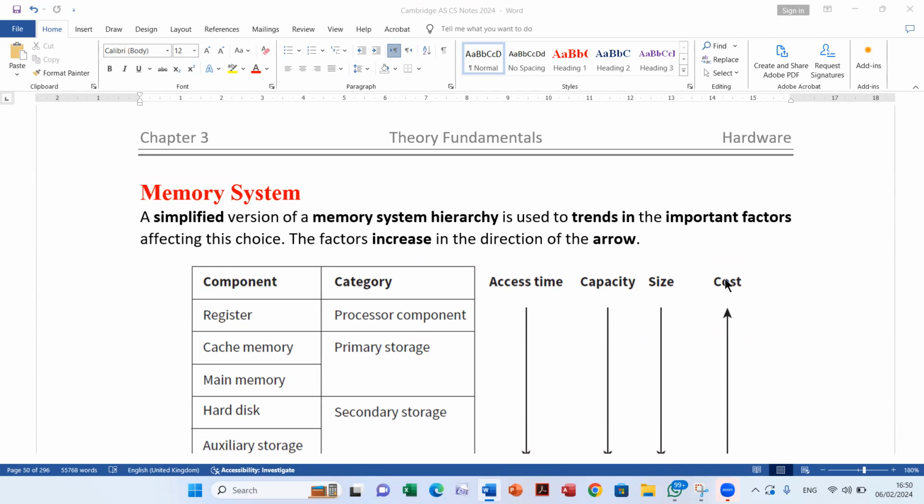We talk about embedded systems, and this is now in the O level. We also talk about logic gates. Logic gates is a very interesting topic, and it is exactly as it is in the O level. However, if you haven't studied O level, I will teach you logic gates from the beginning in the AS.